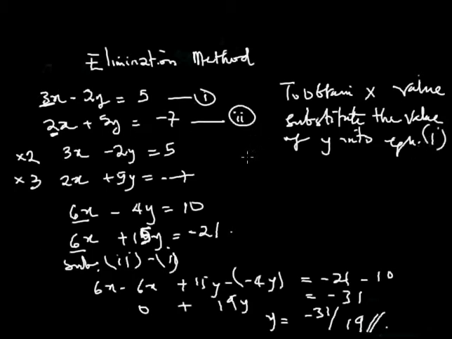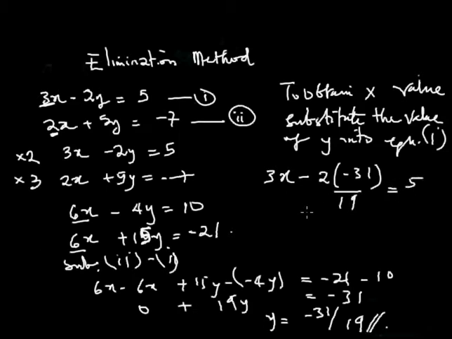In doing that, we have 3x minus 2 bracket minus 31 over 19 is equals to 5.